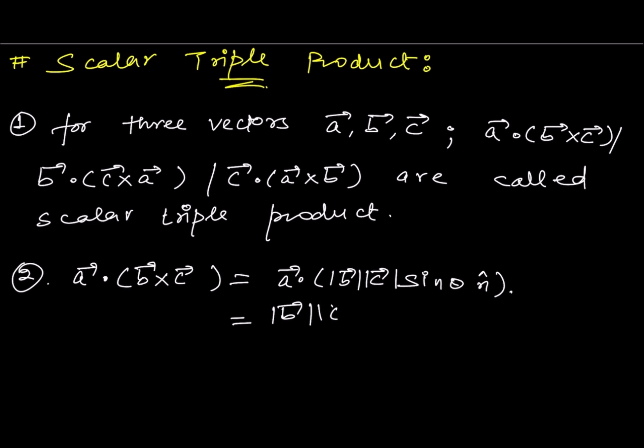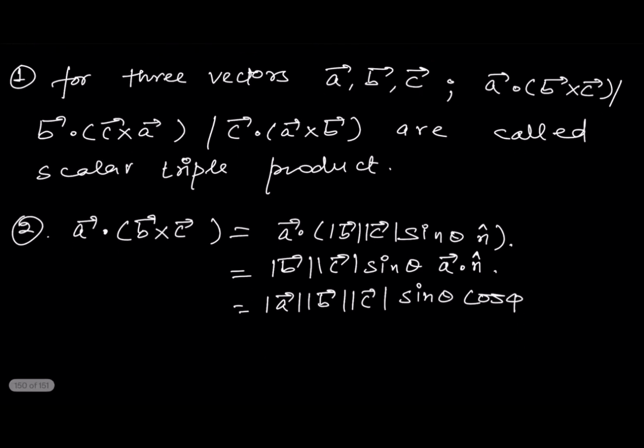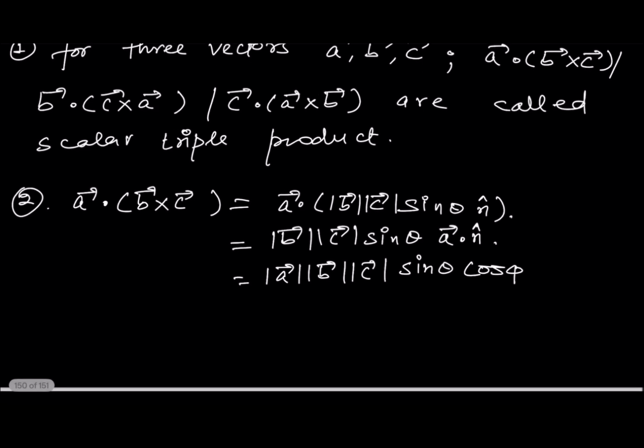So the dot product will be between A vector and n cap. Now expand the dot product. So this can be written as mod A mod B mod C sine theta and cos phi, and mod of n cap is 1.